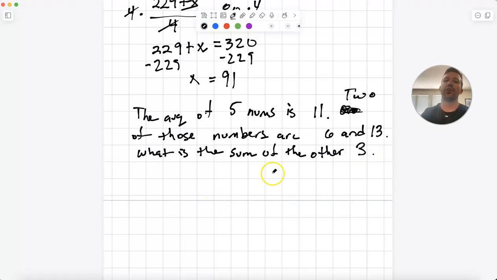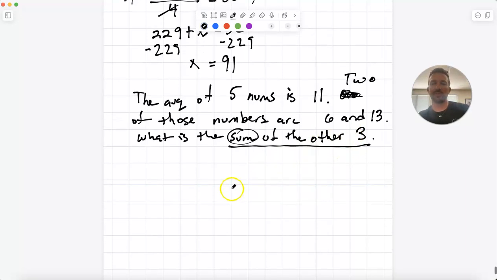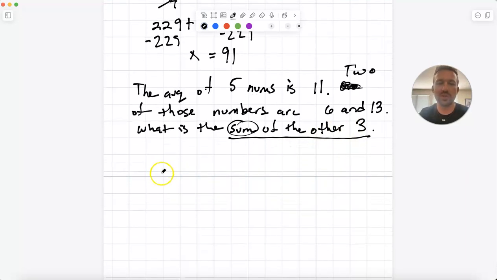Now first off, we need to address this. What does "sum of the other 3" mean? Sum means we added them together. So we summed up those other 3. If you were setting this up, you would say, well, I know 6 and 13 are 2 of the numbers, and I don't know the other 3.